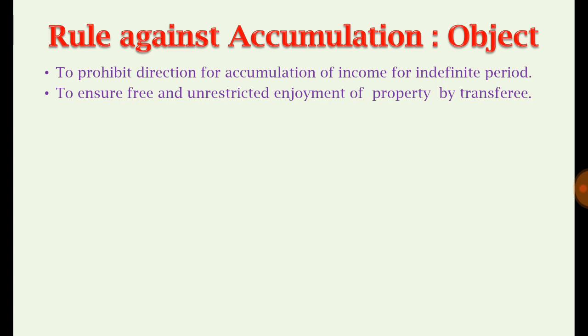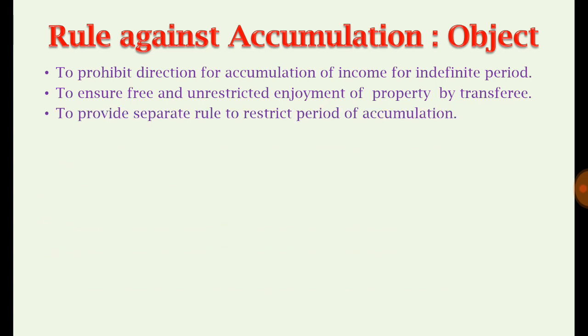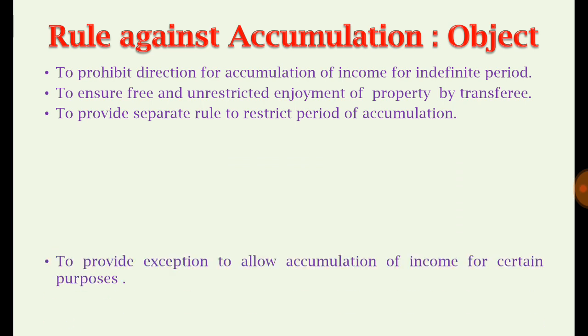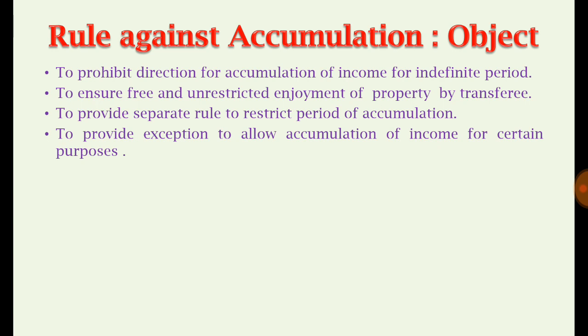This section is provided to ensure free and unrestricted enjoyment of property by the transferee. So this section provides a separate rule to restrict the period of accumulation, and it further provides certain exceptions also.